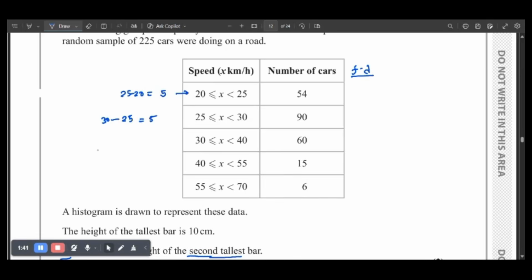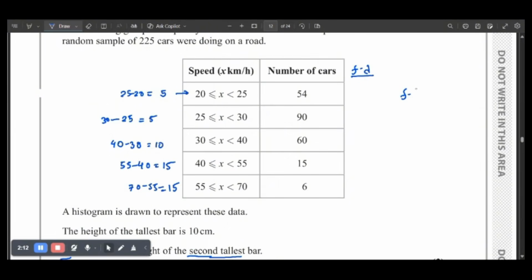For the third class, the class width will be 40 minus 30, which is 10. For the next class, the class width is 55 minus 40, which is 15. And for the last one, it is 70 minus 55, which is 15. We can use this information to find the frequency density.